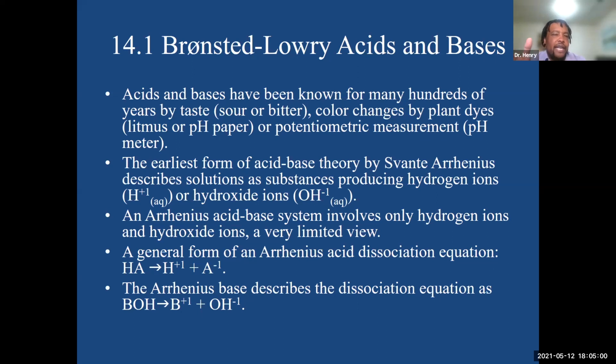Arrhenius defined acids as things that have the H+ ion, or the hydronium ion, or the hydrogen ion. And a base is defined as something that has the hydroxide ion. It's a very simple view, and it was very limited in scope.